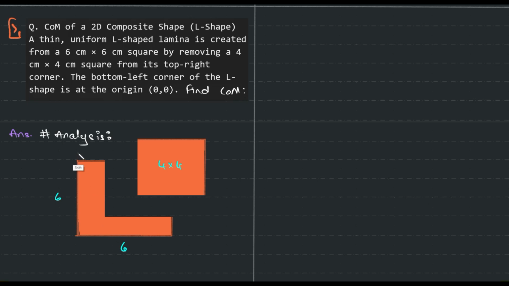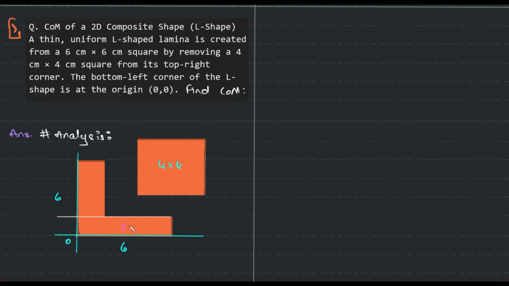If I take this as the origin, again we need to define where our origin is. So we can divide the entire structure into two parts, guys: rectangle 1 plus rectangle 2.